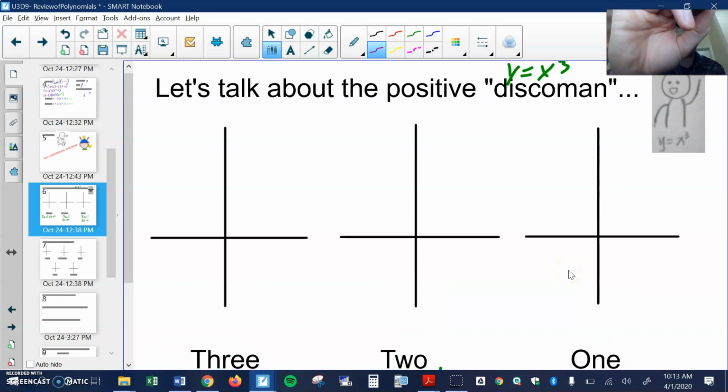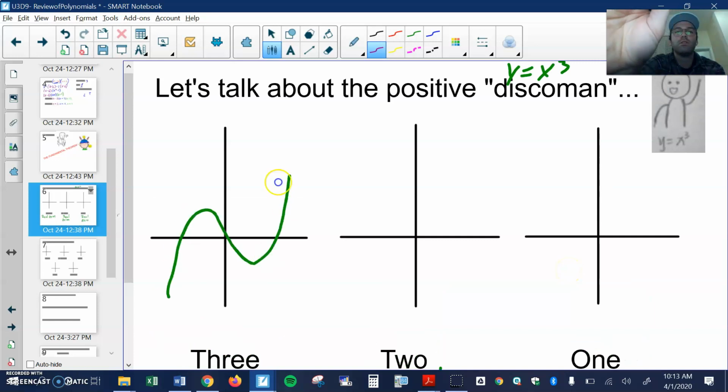That means my function will cross 3 different times. I'll have 1, 2, 3 x-intercepts. This would be an example of a positive leading coefficient of an odd degree. Our end behavior means our arrows are going down and up.